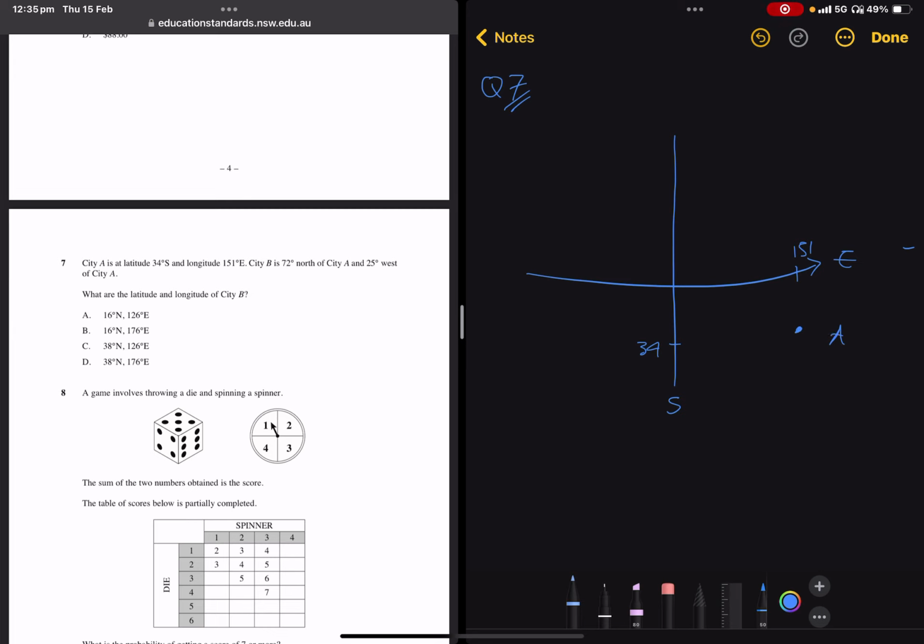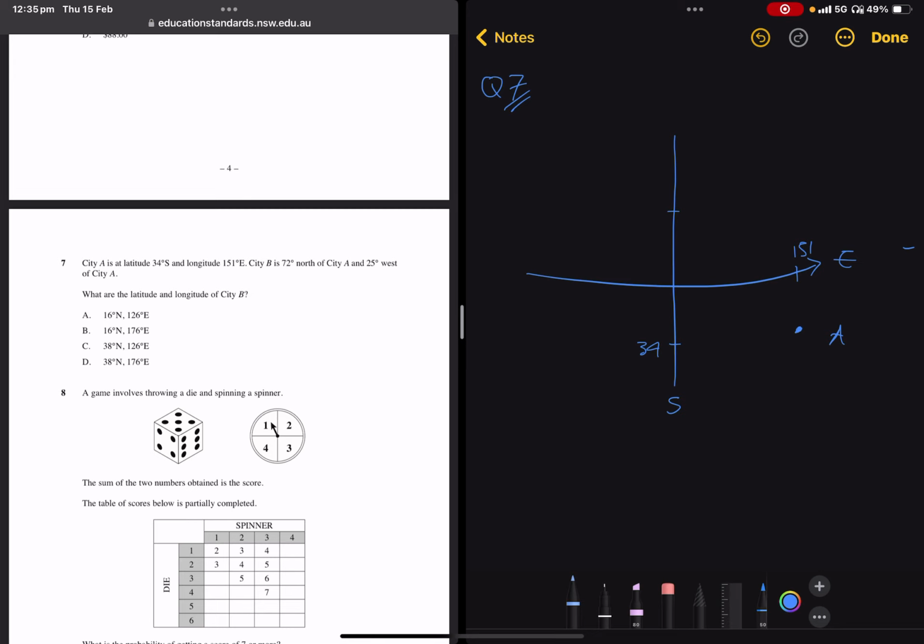City B is 72 degrees north. Alright, so we've got to go up, we've got to add 72 degrees in the upwards direction. So this will get us from 34 to 0. So 72 minus 34 should be 38.